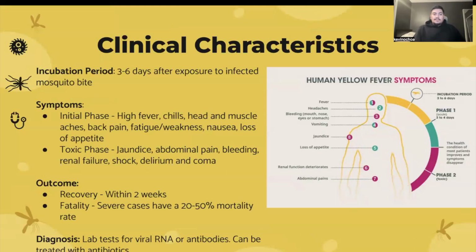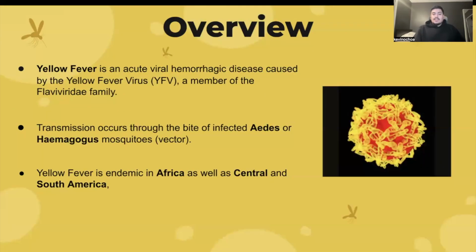A little bit of the geographic scope of yellow fever. Yellow fever is considered endemic and naturally occurring in certain parts of the world. It is particularly widespread in regions of sub-Saharan Africa and Central and South America. These areas provide the perfect environment for mosquitoes that spread the virus, with warm temperatures, dense populations, and proximity to forested or jungle areas where the virus circulates in wildlife.